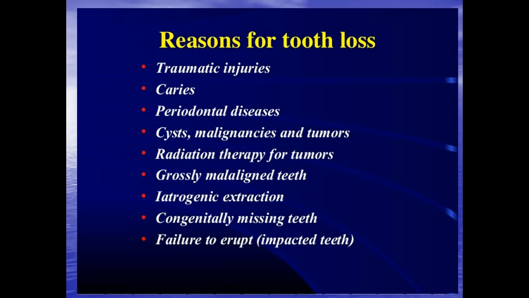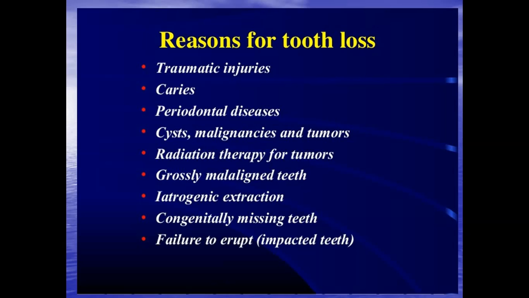we also call this edentia. So this is primary edentia, congenitally missing teeth, the teeth which never appeared in their place. There were no germs of these teeth. Or failure to erupt impacted teeth. These teeth appeared in the jaw, but they did not erupt.